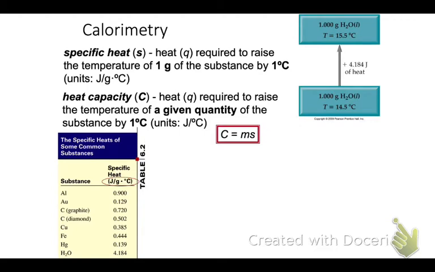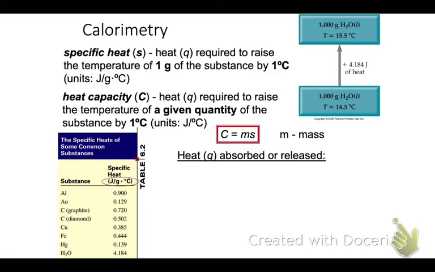The heat capacity of matter is the heat required to raise the temperature of a given quantity of the substance by 1 degree Celsius. So this time I'm not defining the mass, just any given quantity, and therefore the units will be joule for every degree Celsius. The heat capacity can be calculated if we multiply the mass times the specific heat.